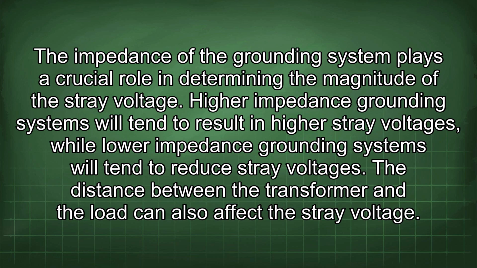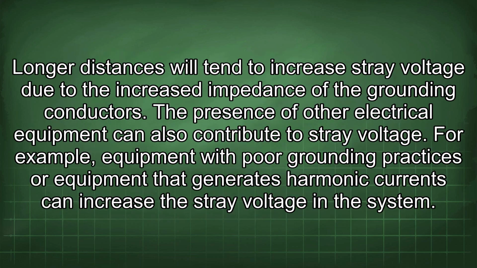reduce stray voltages. The distance between the transformer and the load can also affect the stray voltage. Longer distances will tend to increase stray voltage due to the increased impedance of the grounding conductors. The presence of other electrical equipment can also contribute to stray voltage. For example, equipment with poor grounding practices or equipment that generates harmonic currents can increase the stray voltage in the system.